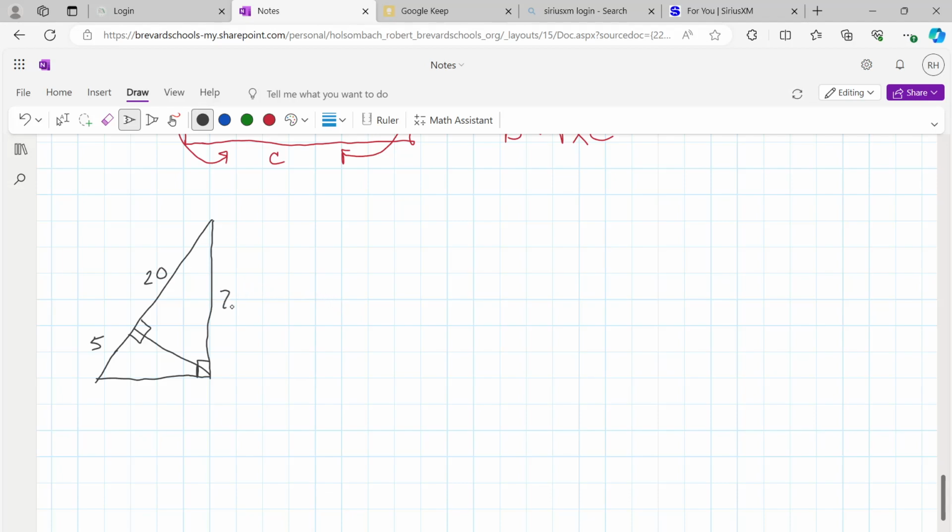We've got z, x, and y. And we have to solve for these variables. So when I get this picture, the first thing I do is I put this piece in here. The entire length of the original hypotenuse, and that's going to be 5 plus 20, which is 25.